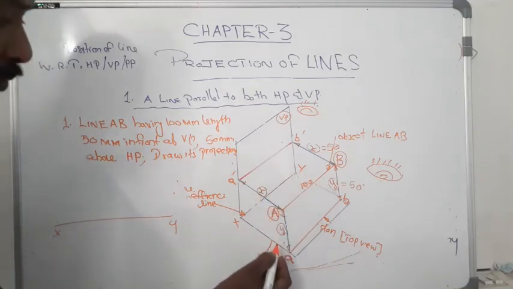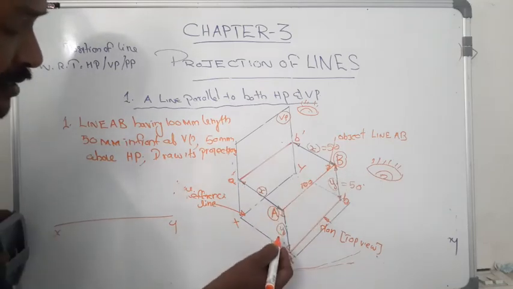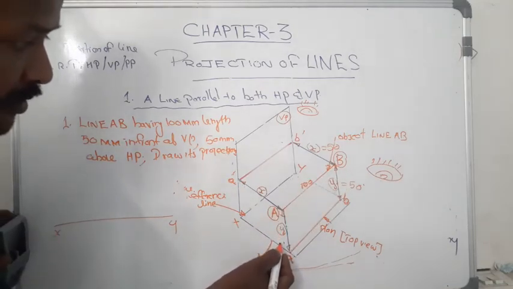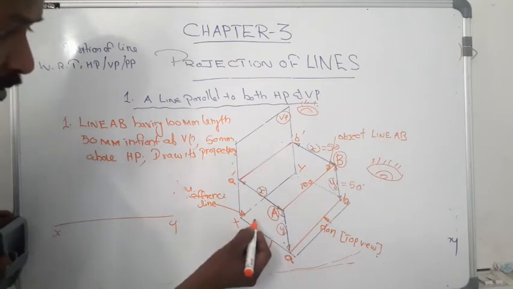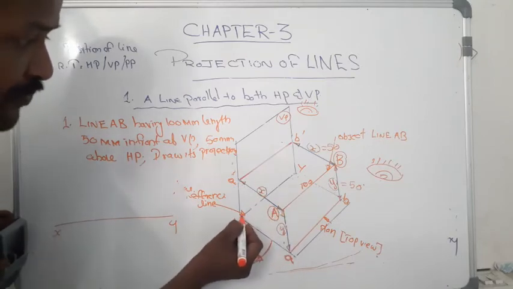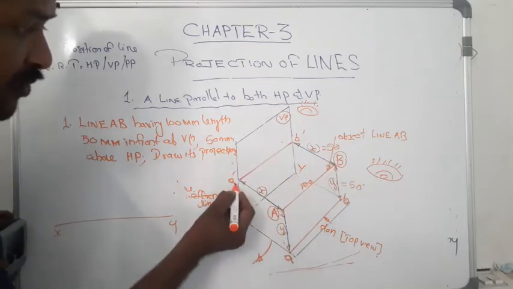Now we have to identify the y distance from the horizontal plane. So we can say the y distance from the reference line. What is the value of y? Y is 50.